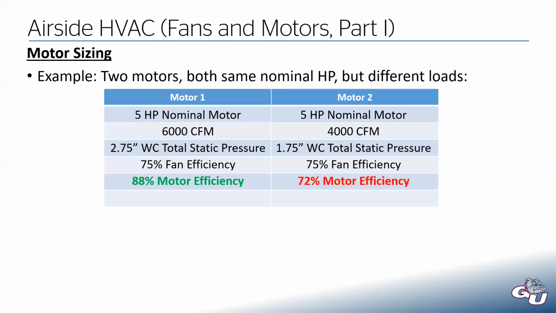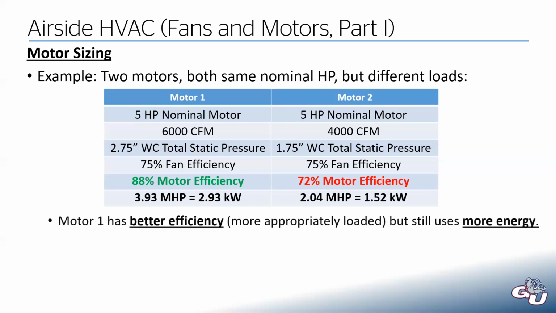If you run through the calculations to figure out how much power each one of these would be drawing, that first motor would require 2.93 kilowatts, and that second motor would require 1.52 kilowatts. So that second motor is using almost half of the power when it's running.